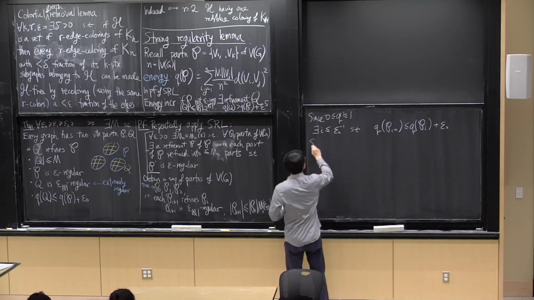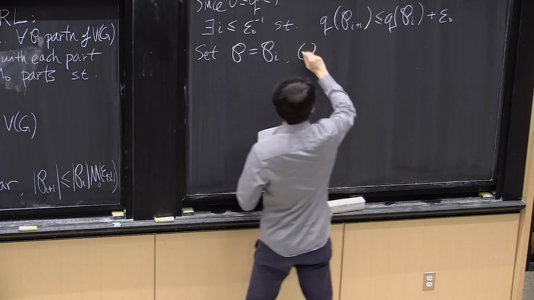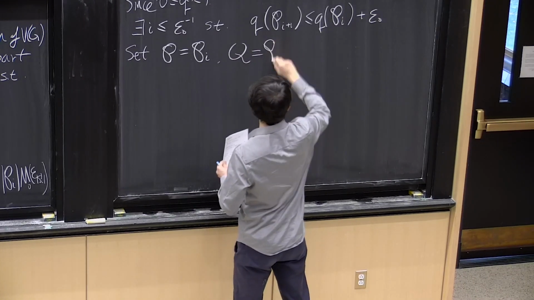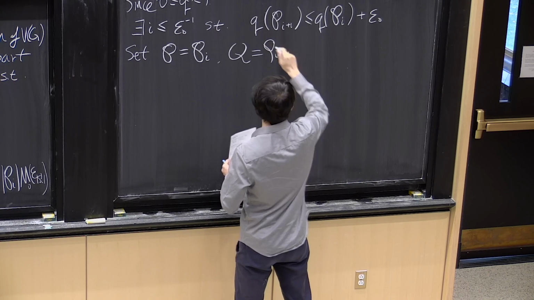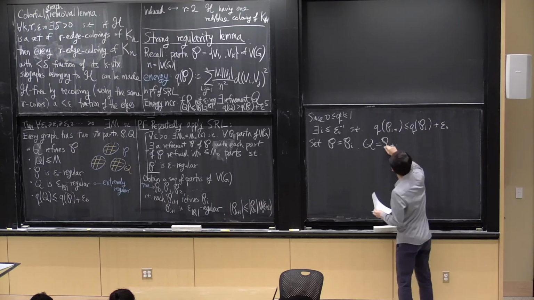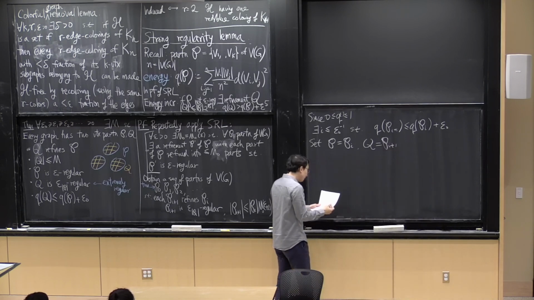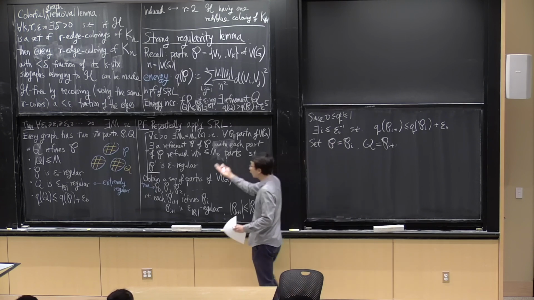So now let's set P to be this P sub I and Q to be the refinement, the next term in the partition. And so then you have basically all the conditions.